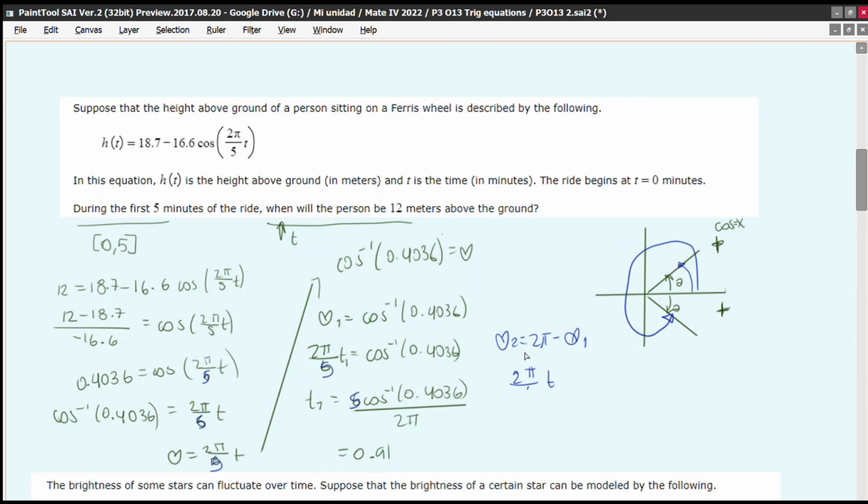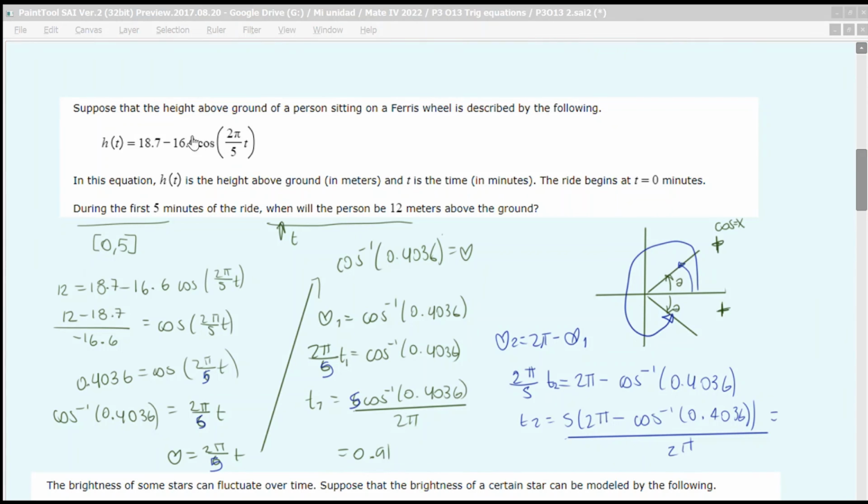So this answer was 2 pi t over 5 equals 2 pi minus cosine inverse of this. And then if I want to solve for t to get my second solution, I have to multiply everything by 5 to get rid of it, and then divide everything over 2 pi. Note, this pi and this pi don't cancel each other because they are not factors. So let's plug that into the calculator.